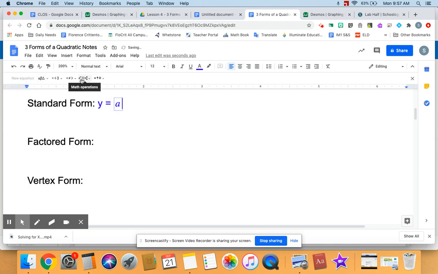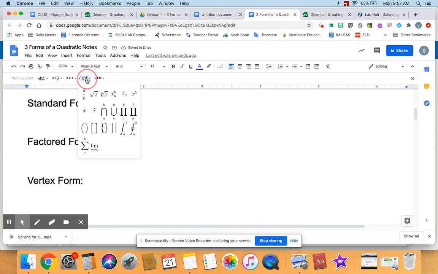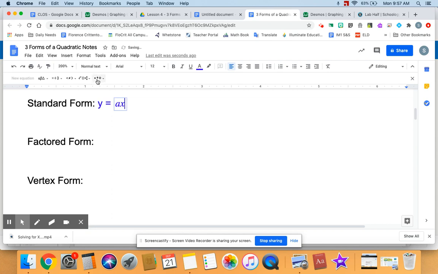A is the first number, and a goes with your x squareds. And then you have b with your x's, and then c is the number all alone.